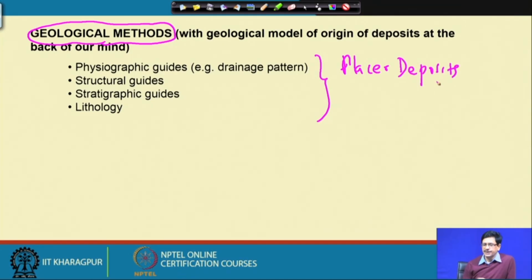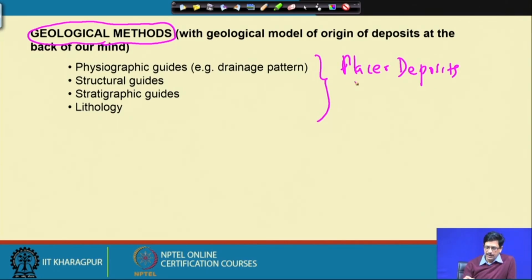And these placer deposits are essentially young deposits, even though there are placer deposits that formed as early as in the Archean, which is exemplified by the classic Witwatersrand paleoplacer gold-uranium deposits.